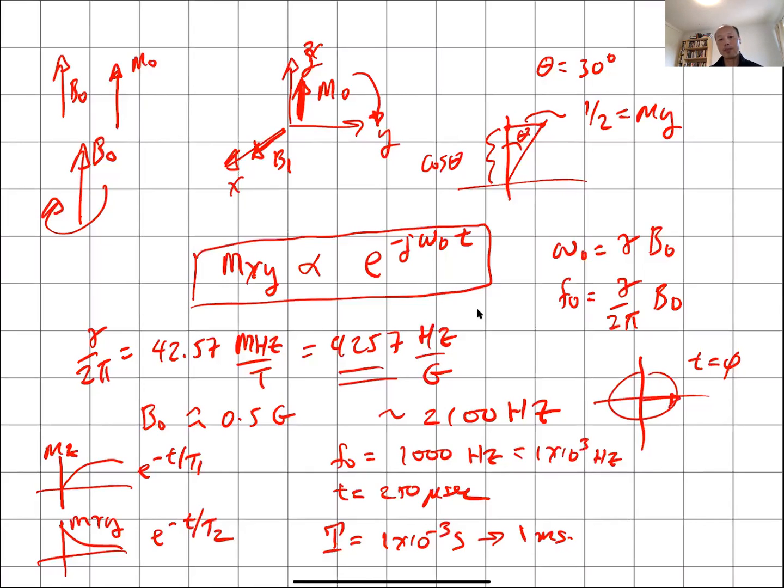Now, if you're in the rotating frame, it can go plus or minus. But in this case, you're only given the resonance around the main field. And so what happens is that t equals 250 microseconds will have gone this way, so minus 90 degrees. All right, are there any questions on that before we move on to the main lecture?